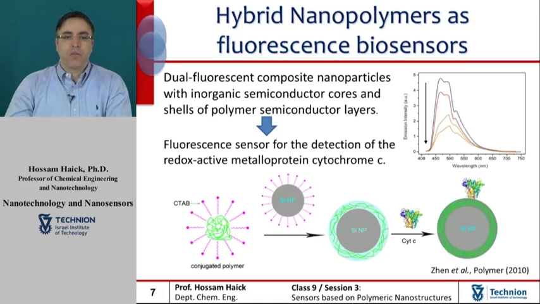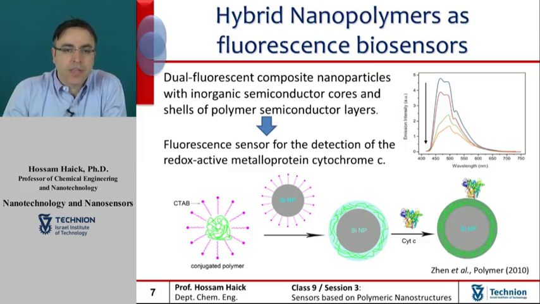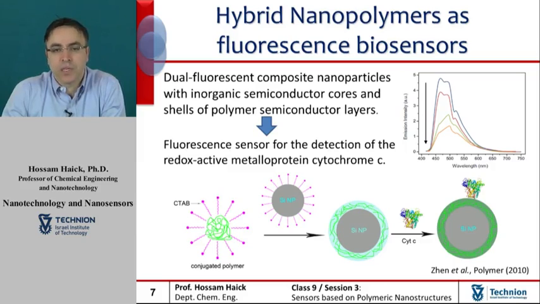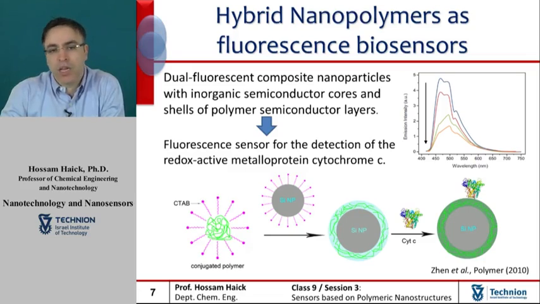Let's now take a look at the figure caption on the top figure. In this case, you can see the influence of increasing the concentration of cytochrome C on the fluorescence spectra of the dual fluorescent nanocomposite of the silicon nanoparticles and the conjugated polyelectrolytes.